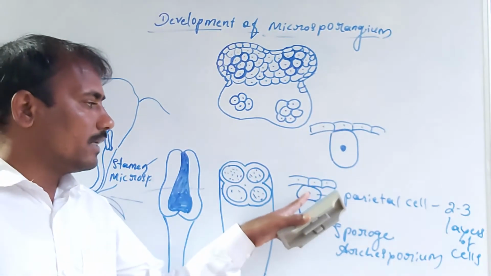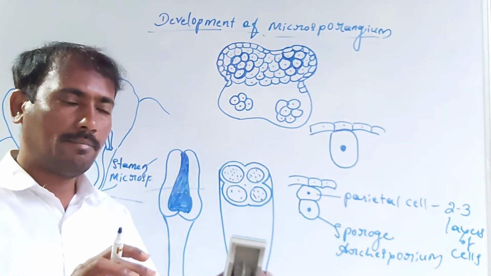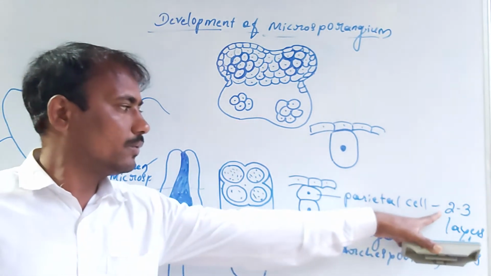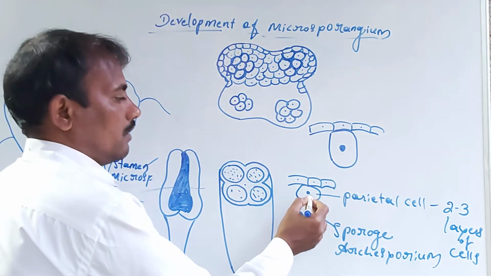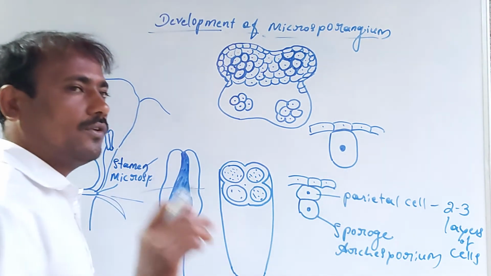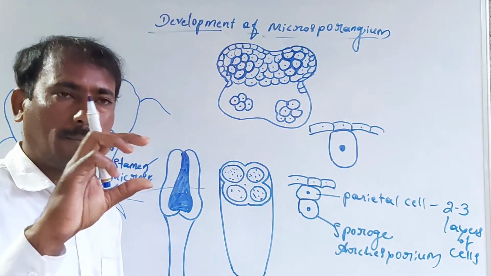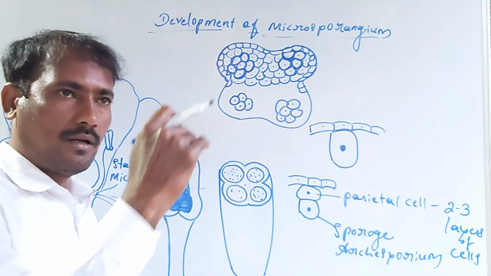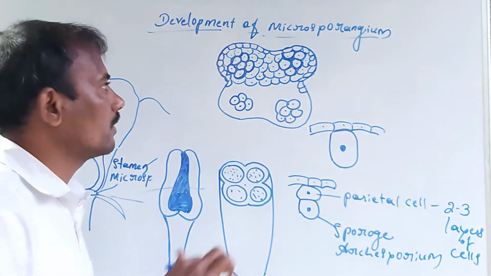So the outer parietal cell divides repeatedly. That means what? Anticlinally and periclinally to form 2 to 3 layers of cells. At last, this outer parietal cell forms the wall of the anther, made up of outer epidermis, inner endothecium, middle layer, and innermost layer known as the tapetum.